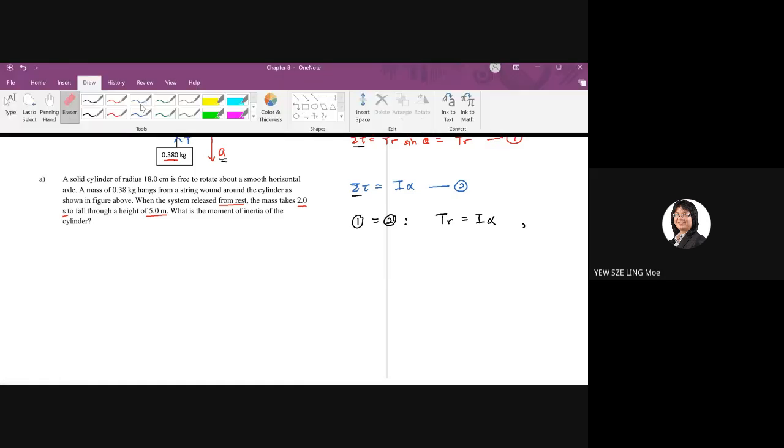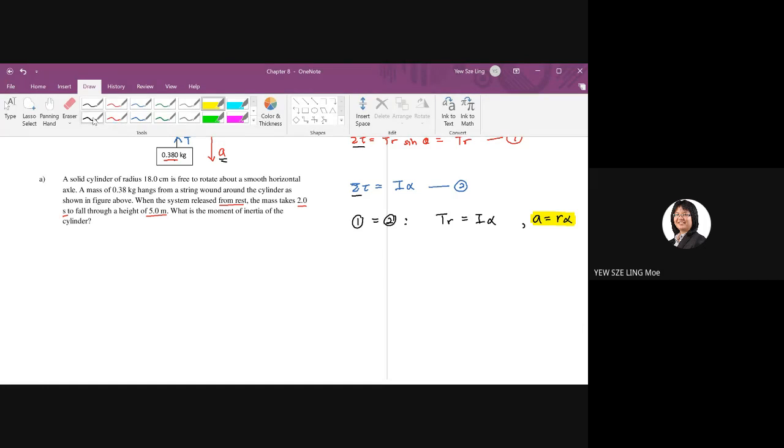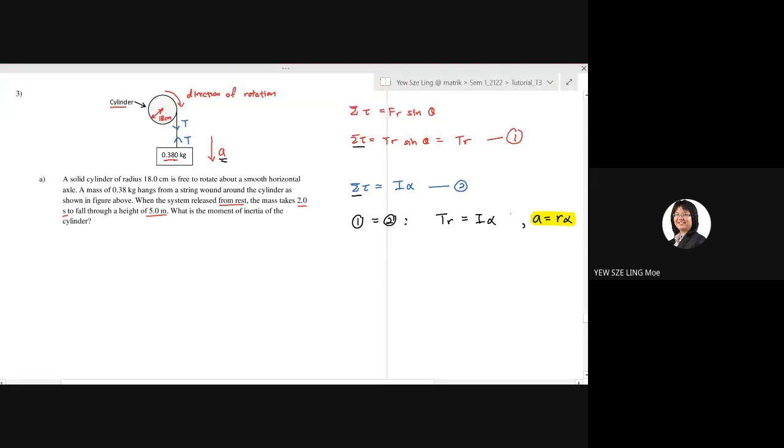That is what we can use to link linear motion and rotational motion together. So a equals R alpha is the most important thing in this type of question. Without this equation, you cannot link the rotational motion and the linear motion together. The only things that we can use to link them together are acceleration and also tension. Without these two things, you cannot solve these questions.